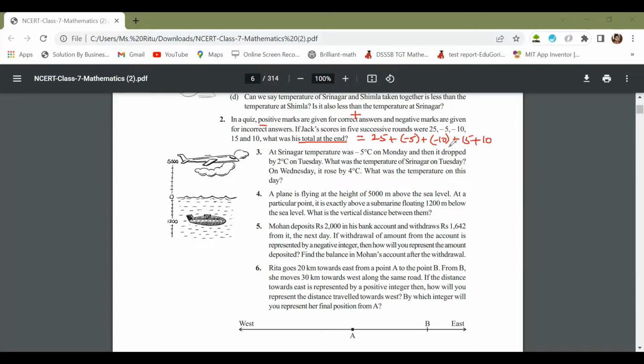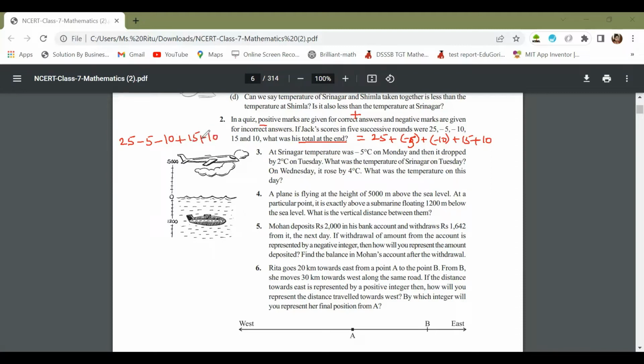So what you will do now here, if you check out, 25 is a positive number. So I'll just write over here 25. Now plus minus is minus, minus 5, again plus minus is minus, minus 10, plus 15 plus 10.